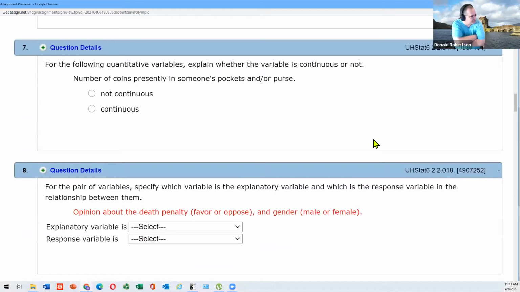A very short question. Continuous or not continuous? How many coins you've got in your pocket? Not continuous. Would you agree that everybody here has a number starting at 0 and finishing at who knows how many coins you've got? But none of you have got 2.5.